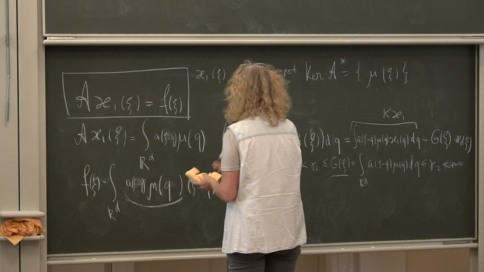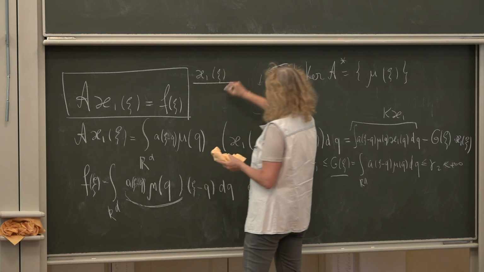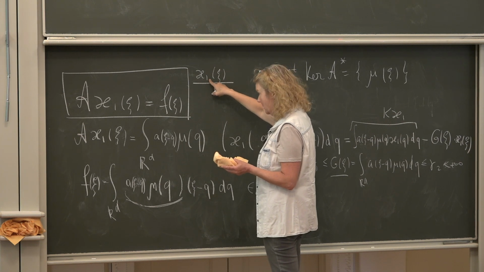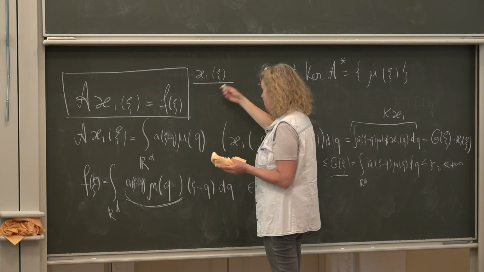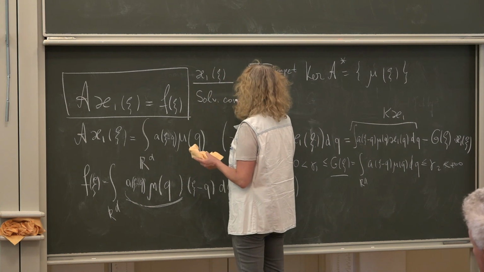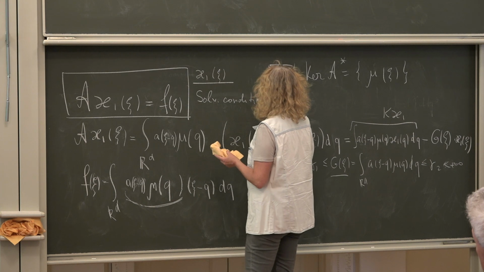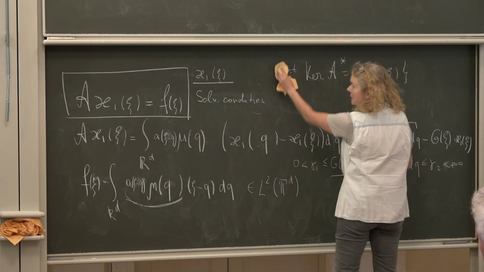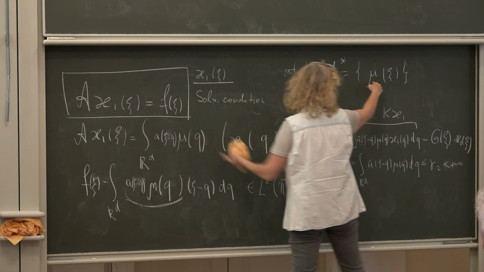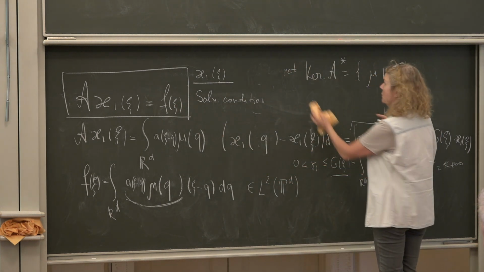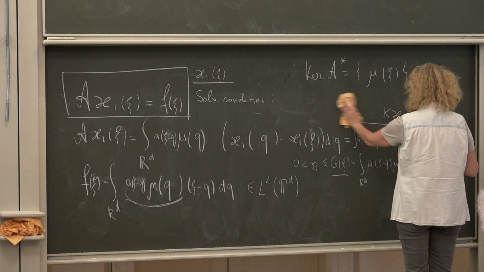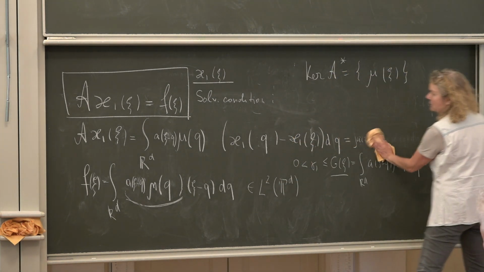Then to prove that there exists the function kappa 1, we should check the solvability condition, and the solvability condition is the following, that the function phi should be orthogonal to the function mu from the kernel of the adjoint operator, right? So the solvability condition can be written in the following way.